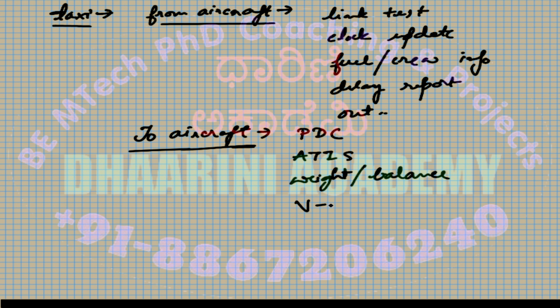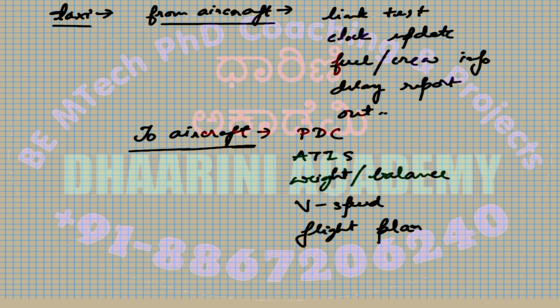In aerospace or aeronautical terms, it is V speed details, followed by what is the plan of flight. So I will write flight plan, etc. These are the messages normally from the aircraft and to the aircraft, right?